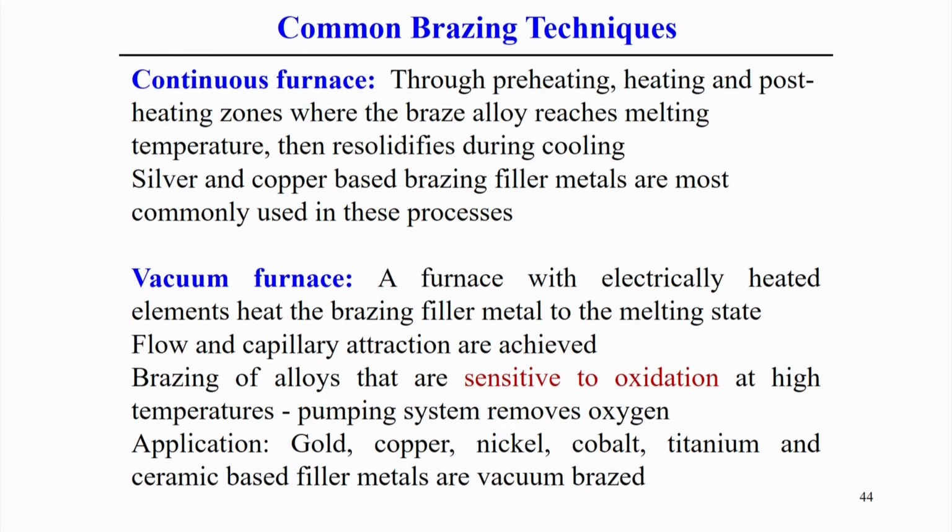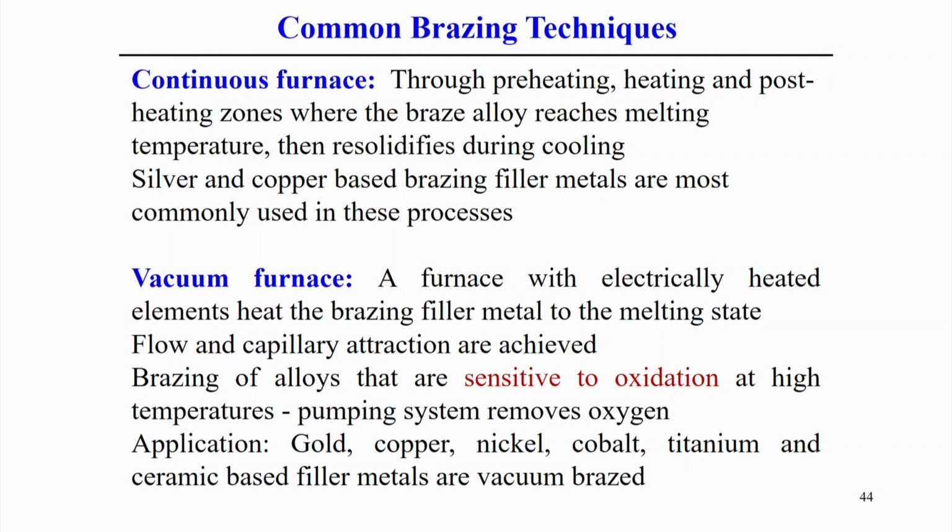Another brazing process uses a continuous furnace. There is a sequence of preheating of the samples to assemble the different components through brazing techniques. In this case, continuous furnaces are sometimes used. Here the material goes through preheating, then heating, and after that post heating zones, which can be controlled sequentially using the continuous furnace.